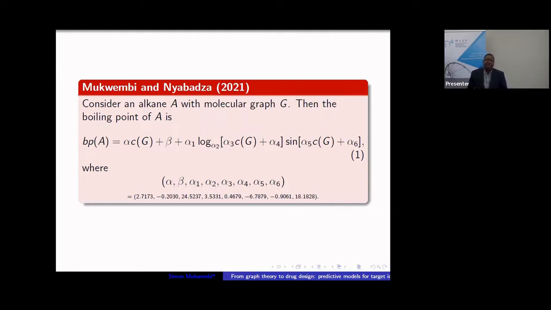And we argued that actually that model predicts the boiling point of your alkane without going to the laboratory.